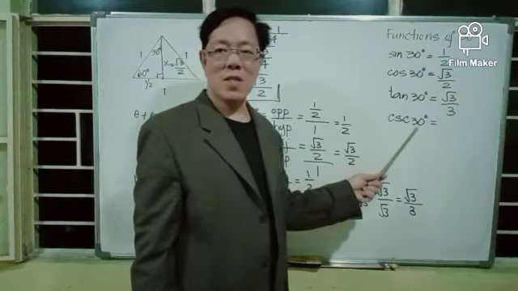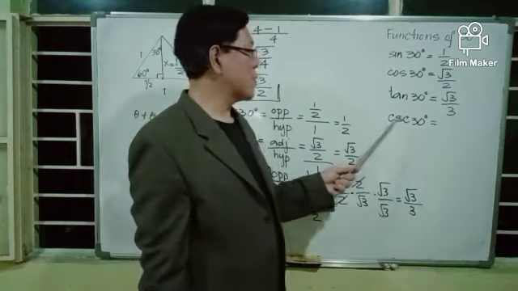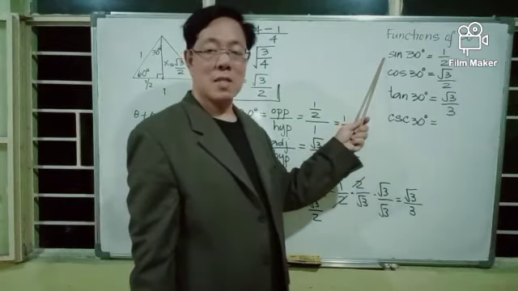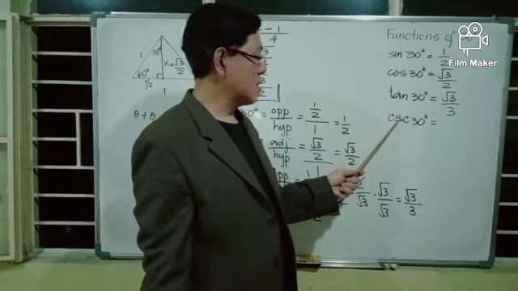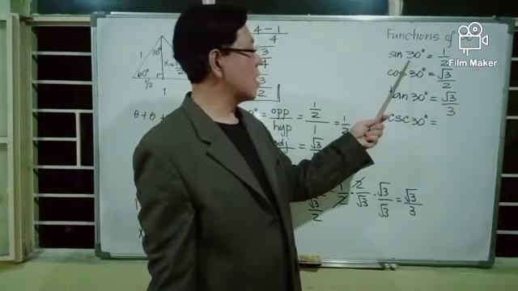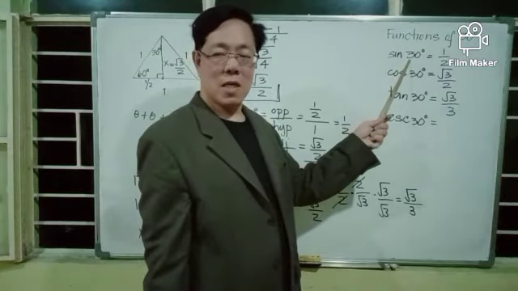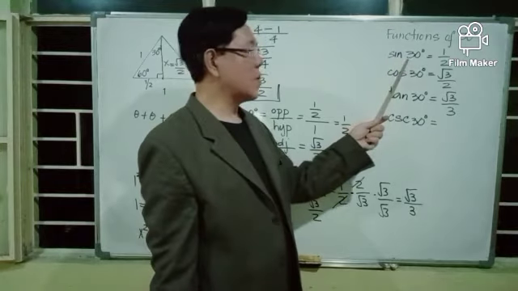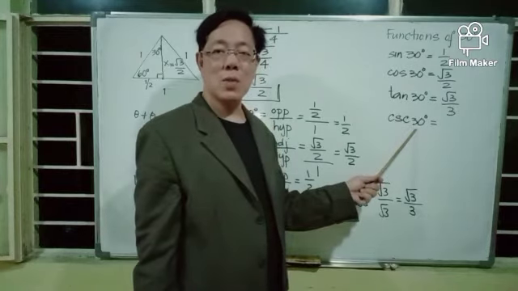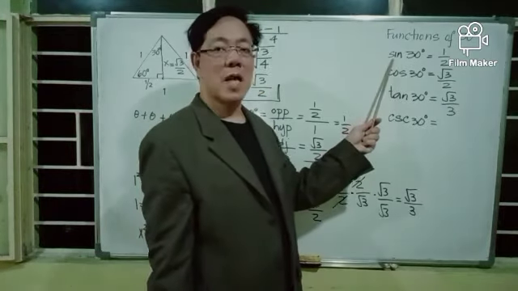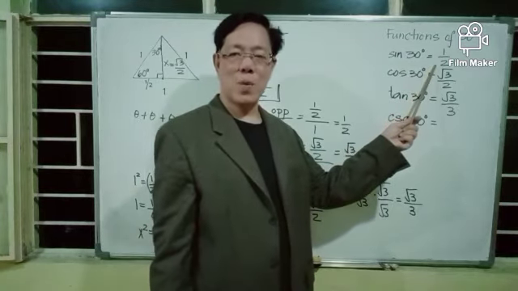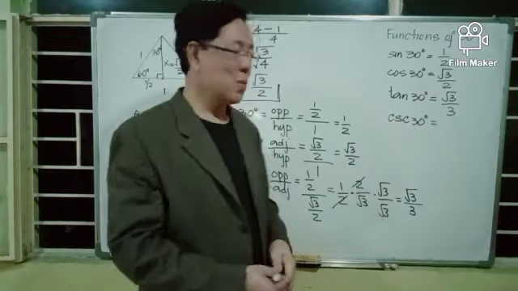The value of cosecant of 30 degrees is the reciprocal of the value of sine of 30 degrees, which is 1/2, and its reciprocal is 2 over 1, or 2.